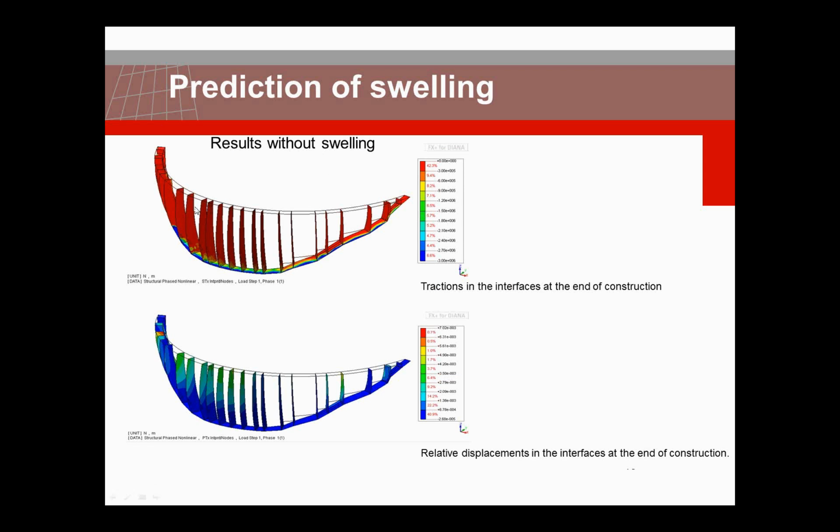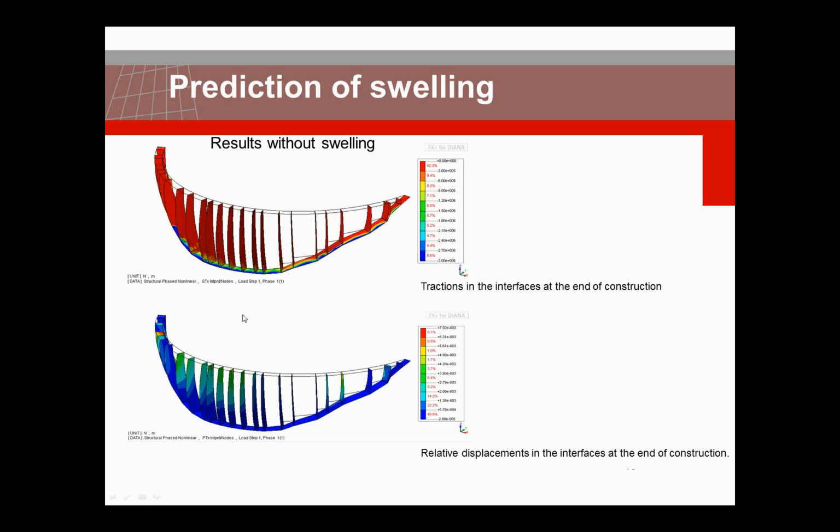So red means the stress is equal to 0, and blue means there is a compressive stress. So this is at the end of construction. All the columns are there, and you see there is hardly any stress in the circumferential direction, this is of course before loading, before the hydrostatic load is applied.